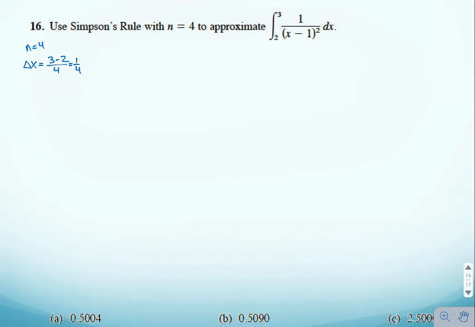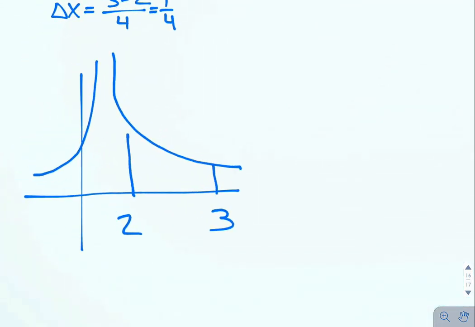Now I like seeing a little bit of the graph here. Looks kind of like this. And if we go from 2 to 3, it'll start off with 2 here and go to 3. We want to split this into 4 equal subintervals.